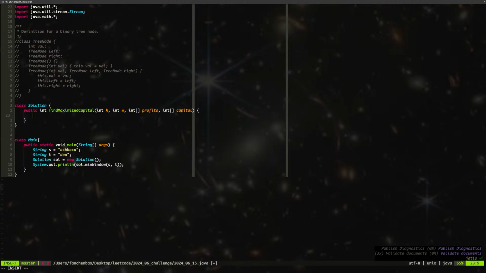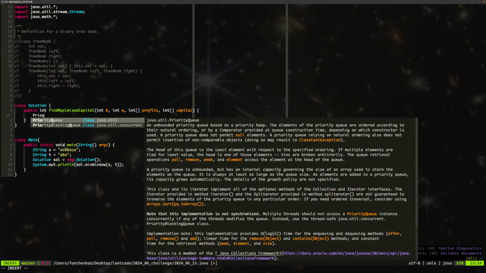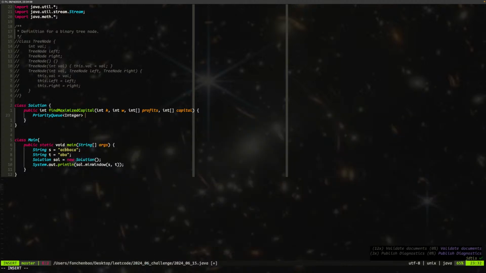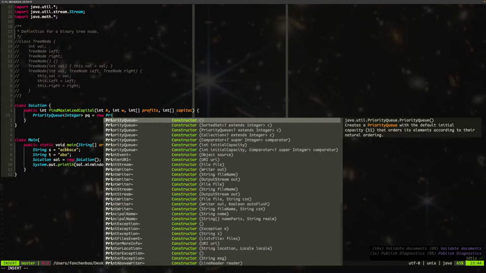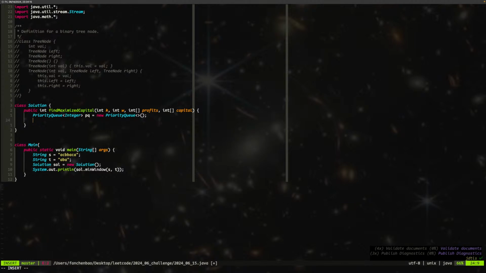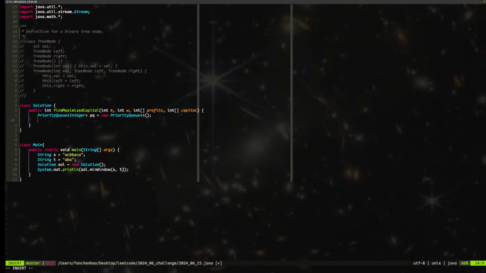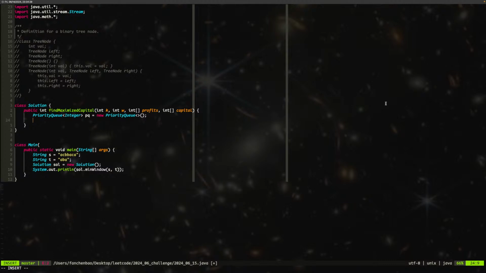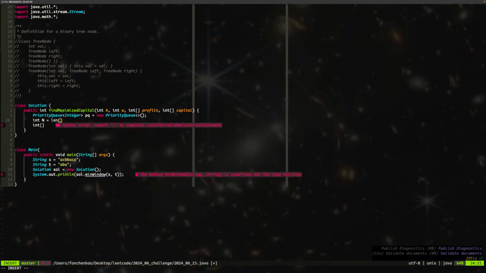Okay, so we're gonna use a heap, right? So priority queue, which say priority queue integer pq equal to new priority queue. Okay, and we need to sort capital and profits at the same time. So it doesn't really matter. We just need to sort capital, but we need the profits to go with it. So we might as well just do int n equal to profits dot length, right?